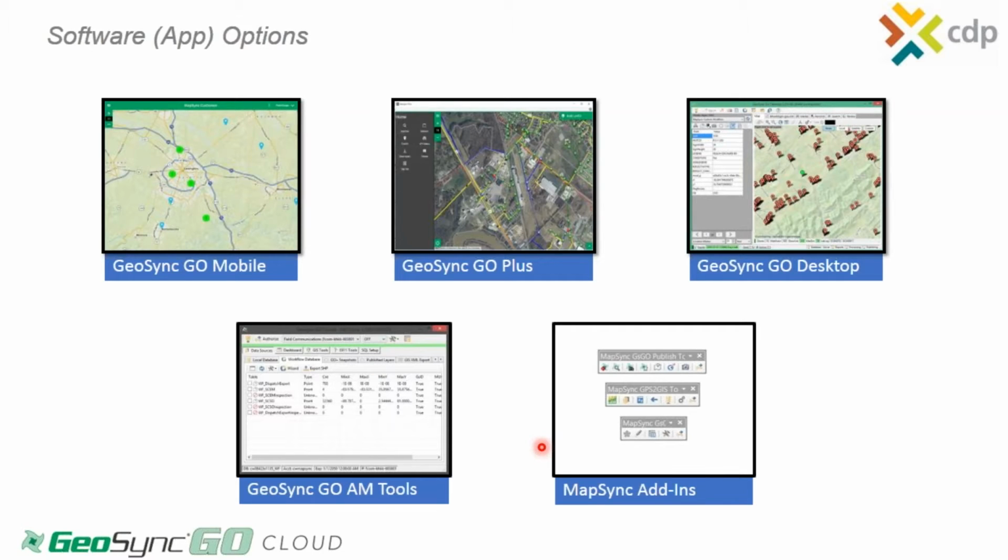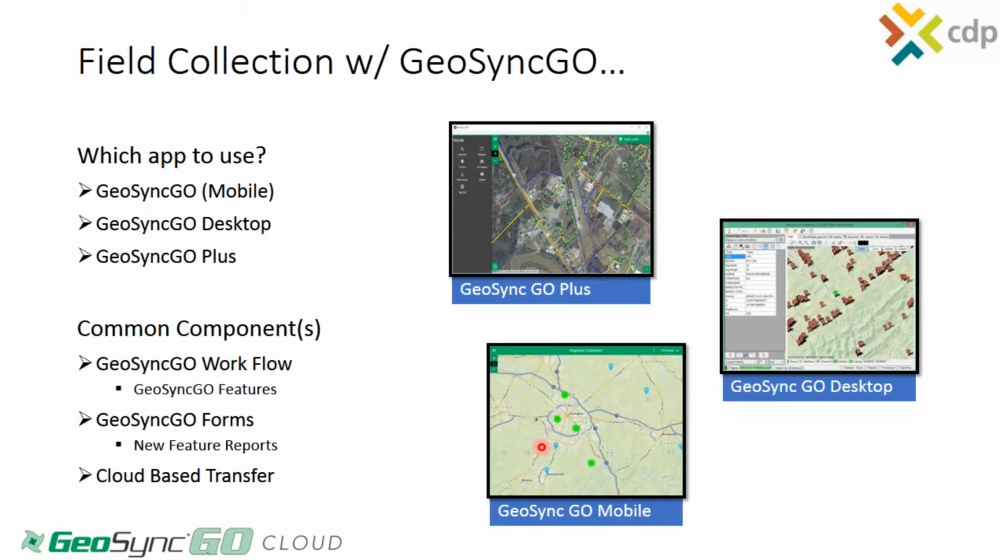Today, as I mentioned, is more of a process type webinar, a field to finish type process. So we'll actually be discussing most, if not all, of the GeoSync GO applications and tools. Everything from GeoSync GO Mobile, Plus, Desktop, AM tools, and one of the add-ins, but we will be looking at add-ins.